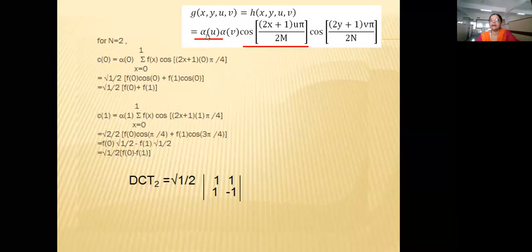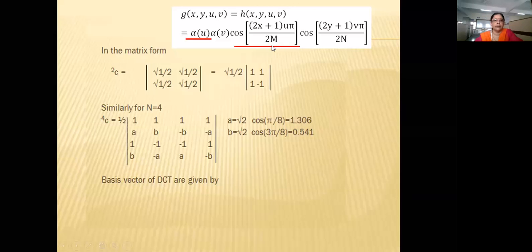Similarly, when u is 1, again substitute x at 0, 1, 2, 3. With this, you will get the second row of your DCT transform coefficient matrix. So now I request all of you to compute the first row and second row of the DCT matrix with n equal to 4. Okay. So on similar lines, we can compute the DCT coefficient matrix when n is equal to 4.